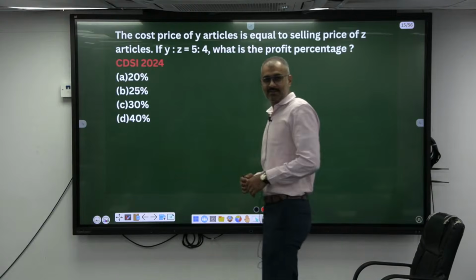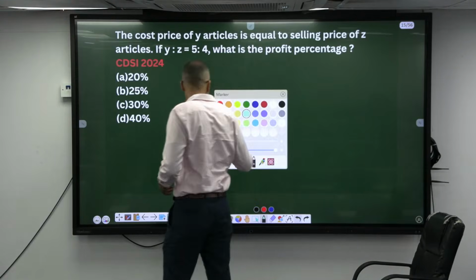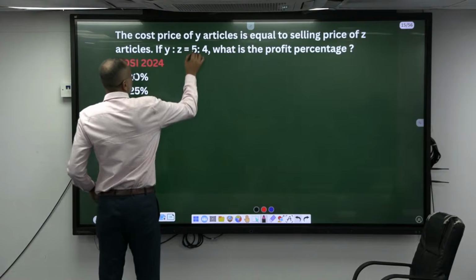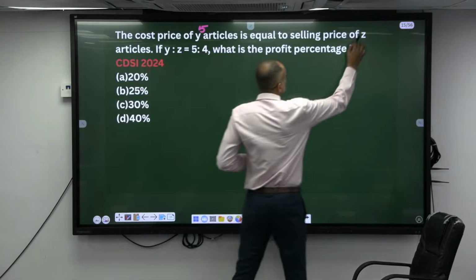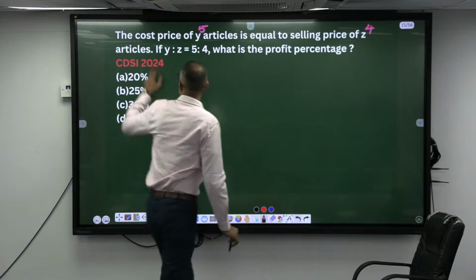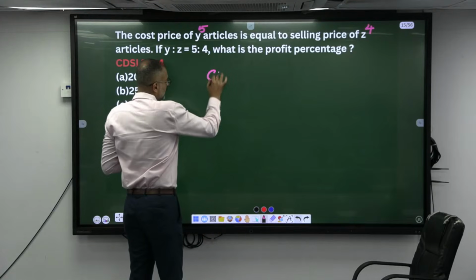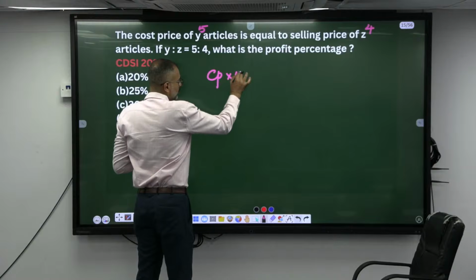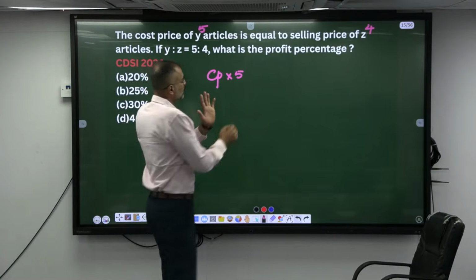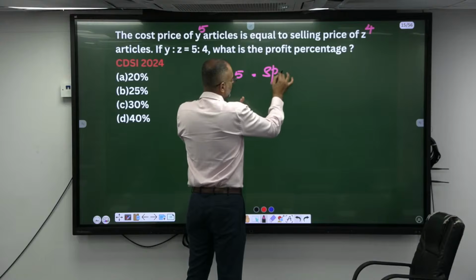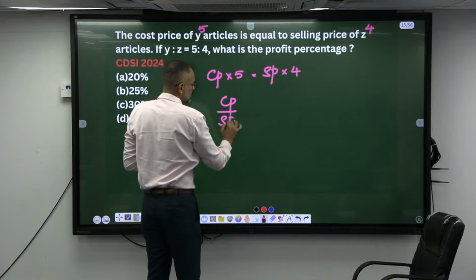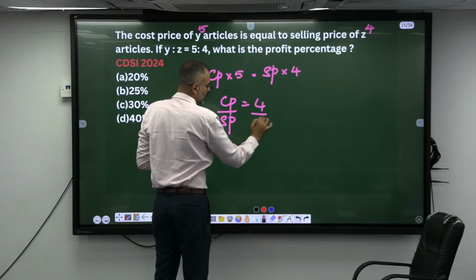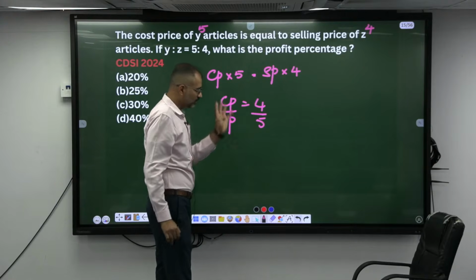ಹೇಳಿ ಸರ್. ಹೇಳಪ್ಪ ನಚ್ಕೋಬೇಡ. Y value is how much? 5. Z value is how much? 4 here. See, CP of 5 articles is equal to SP of 4 articles. So CP by SP is in the ratio what? 4:5. You have bought it at 4 rupees, you have sold it at 5 rupees.